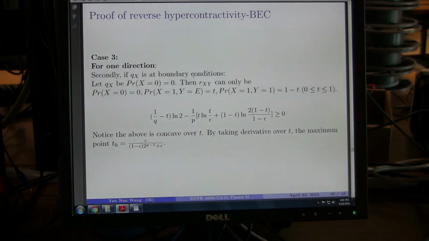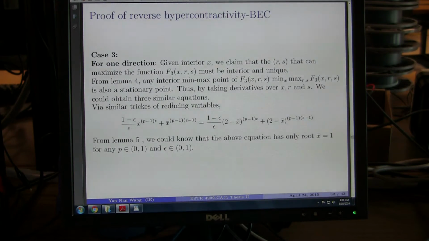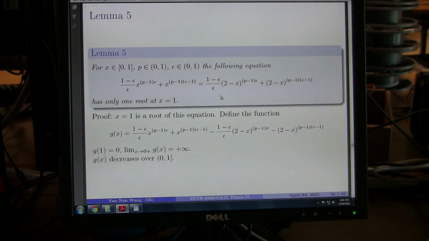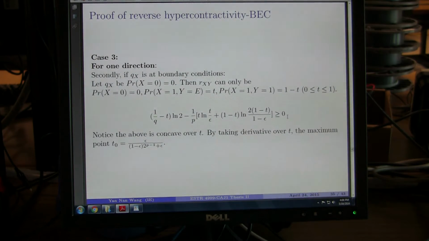for Qx, let the probability of x equal to 0 be 0. Then Rxy could be parameterized in t in this form, and by replacing this into f3(x,r,s), we could obtain this inequality.